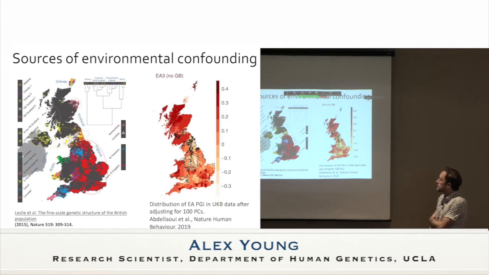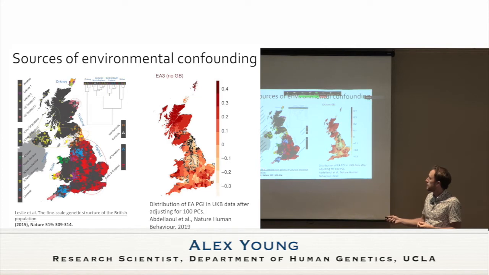Then population structure can be correlated with environmental effects, and that's how you get environmental confounding. Even in a relatively homogeneous population, such as the UK, there are clear and distinct genetic clusters in different parts of the country that have different environments. This was work done in my group during my PhD.